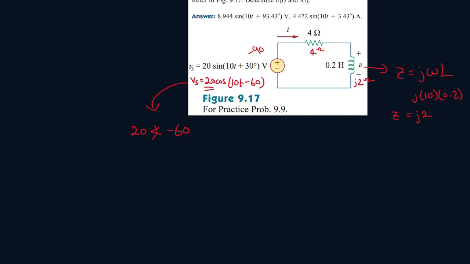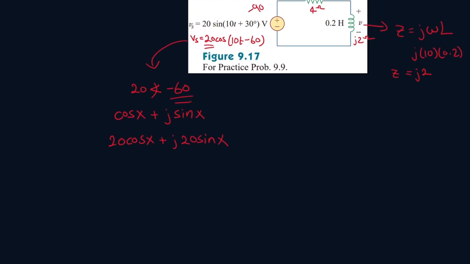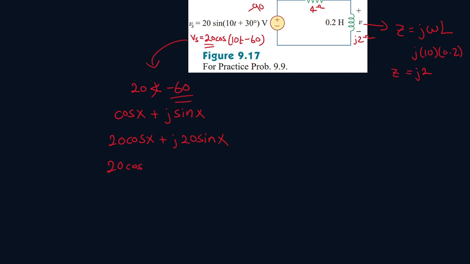To do that, we're going to use the following formula: cos x plus the imaginary number times sine x. First thing we have to do is times this by 20, so it'll be 20 cos x plus j20 sine x, and then x will be this, so it'll be 20 cos minus 60 plus j20 sine minus 60.